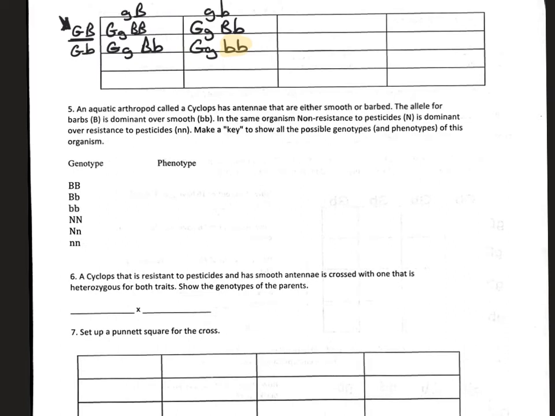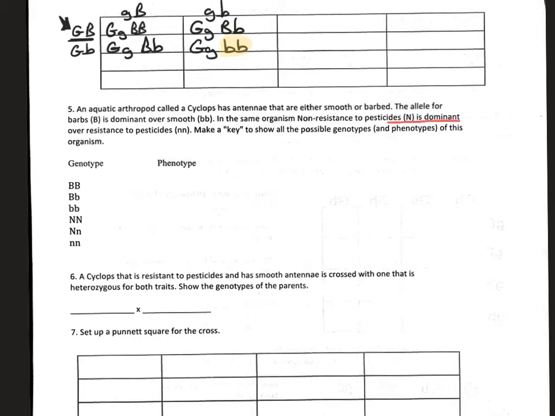An aquatic arthropod, which is an insect, right? An arthropod is an organism that has an exoskeleton. It could be an arachnid or it could be an insect. I'm glad you guys are going to continue to have this conversation while I'm explaining. The allele for barbs, big B, is dominant over smooth, and the organism not being resistant to pesticide is a big N. If it's not resistant to pesticide, that's normally how these organisms come.